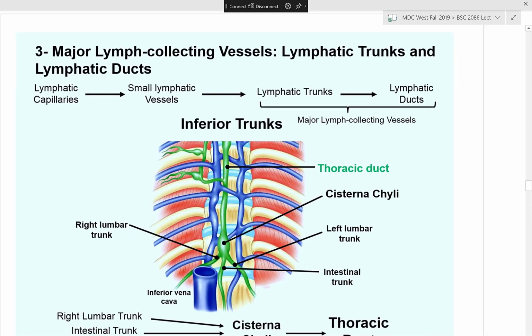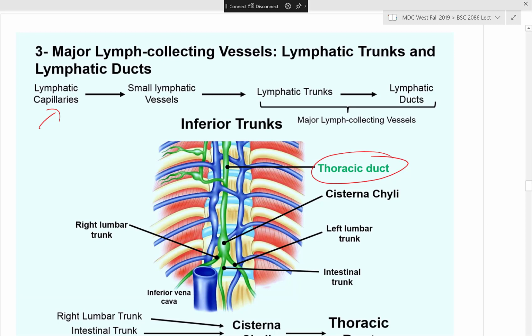Now let's talk about the major lymph collecting vessels. We said that there are two major ones, one on the right and one on the left, right? The main one of the two is going to be the left thoracic duct. This is going to be the most important one, right? Well, let's go over the whole thing again.